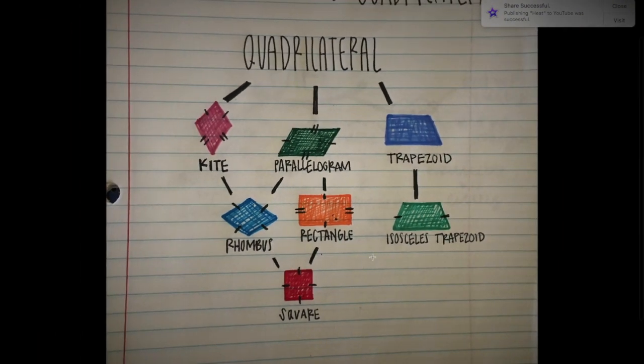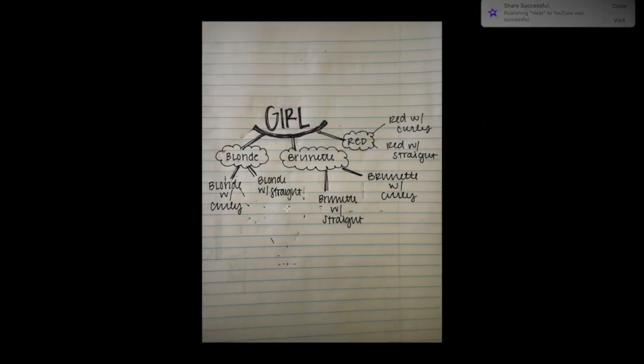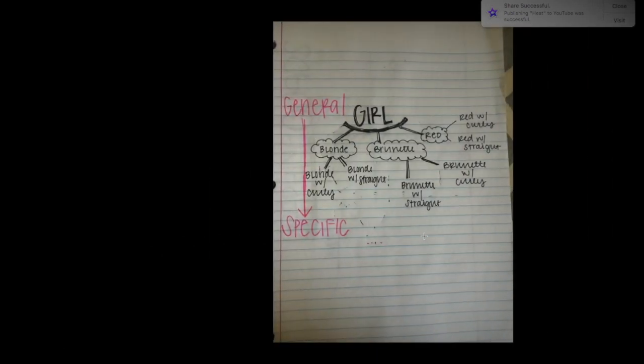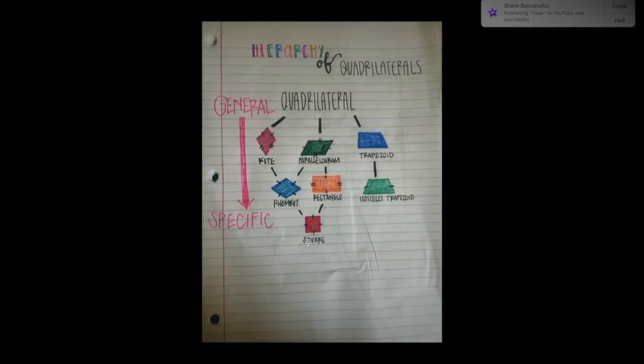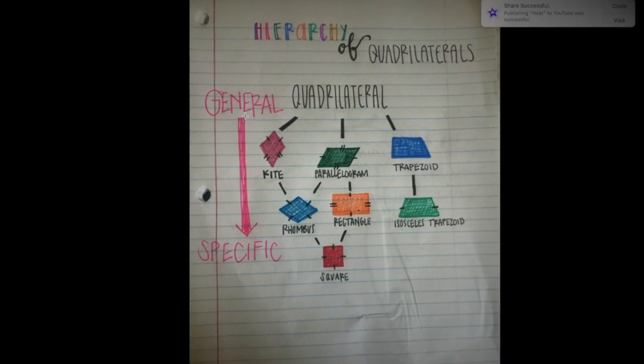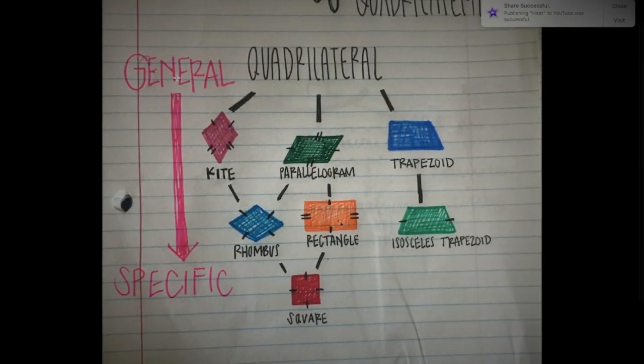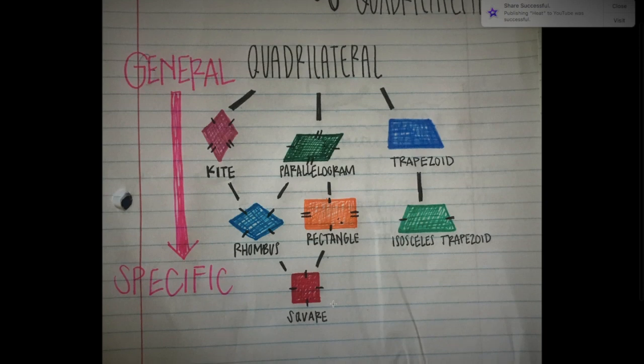All right, so let's go ahead and back this up. So reviewing here, we went from our general category to more specifics. Okay? So we went from general to specific. Now we also went general to specific here, when we went from quadrilateral all the way down to square and isosceles trapezoid.